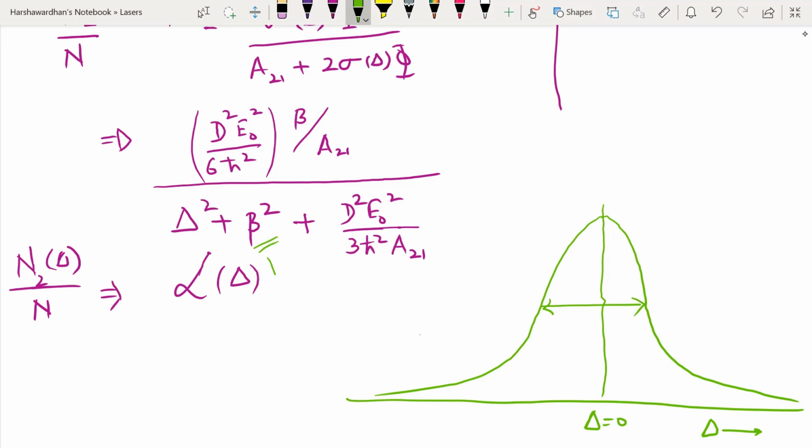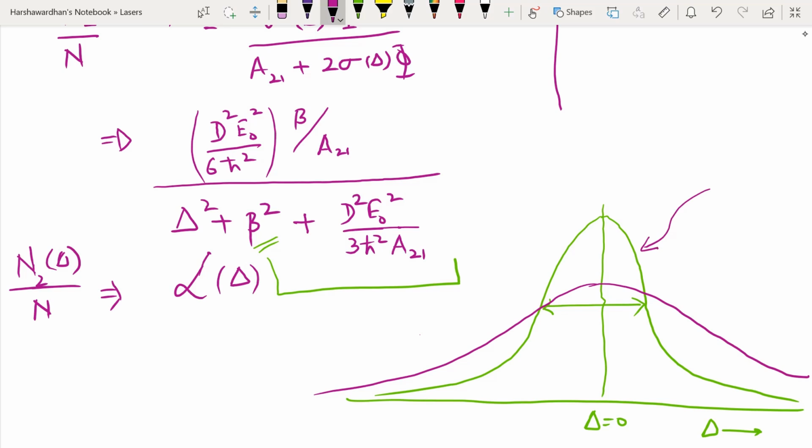This beta square plus this intensity dependent quantity is what determines the width. So at delta equal to 0, for larger values of this, you would look at a profile that is tremendously broadened and lowered.